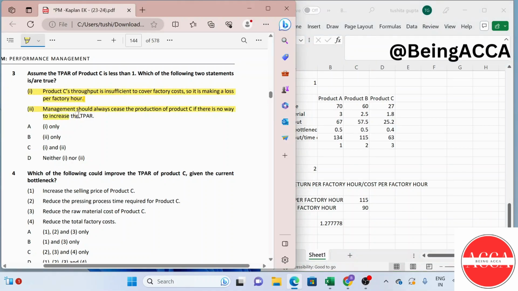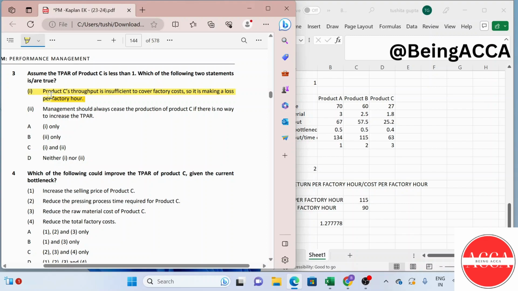Moving to the second statement: management should always cease the production of product C if there is no way to increase the TPAR. This is not actually true, even though the YAM company is making a loss because of product C. It is not that they can completely shut this, because if they shut the production of product C completely, they can possibly lead to reduced overall profits, because the factory costs are going to be the same in the short term.